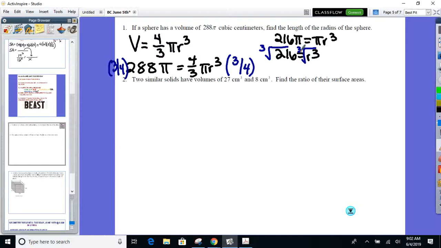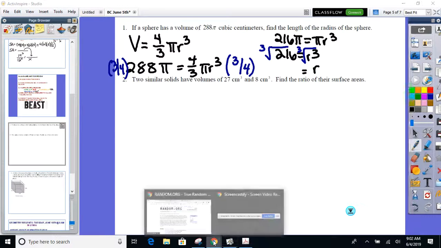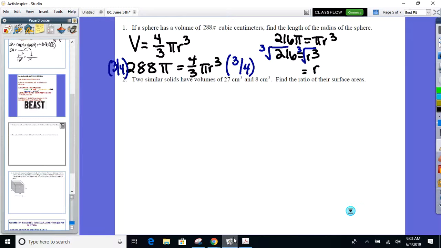Everyone's got a math button on the left-hand side. Everyone can get to it from there. And what are we looking for? The radius length of this sphere. Radius length? Thank you. Same still applies tomorrow. Half point off for every unit not shown in your answer.